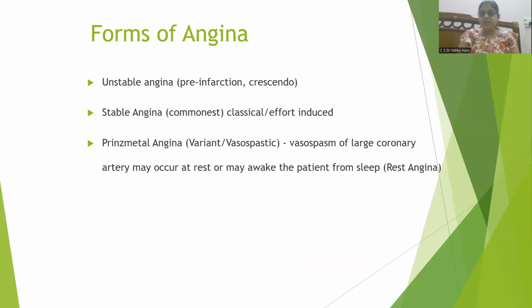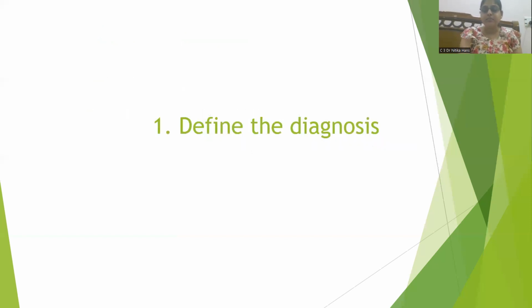Unstable angina is when there is chest pain even at rest. Prinzmetal's angina is when there is vasospasm of the large coronary arteries, and the patient suffers chest pain even at rest, which may wake the patient from sleep.